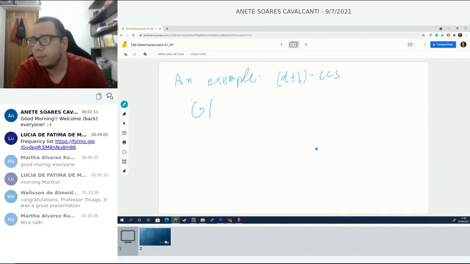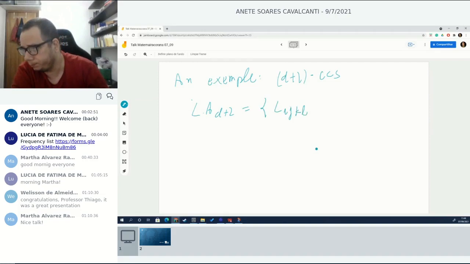For example, the orbit of the equation, we can consider LAD plus 2, the set of Laura-Andoyer equations for the Dziobek case.